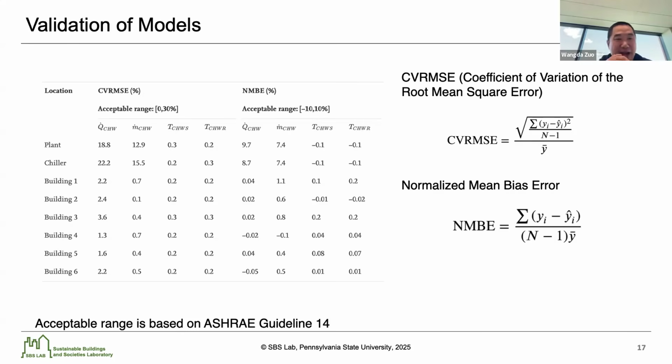So therefore, in ASHRAE standard, like ASHRAE guideline 14, they provide what is acceptable when you're trying to calibrate a model in the real world. So the accepted range is actually pretty big. You can see from 0 to 30%. So fortunately, we are able to calibrate our model within the range allowable by ASHRAE. So that means we have some confidence in our model.